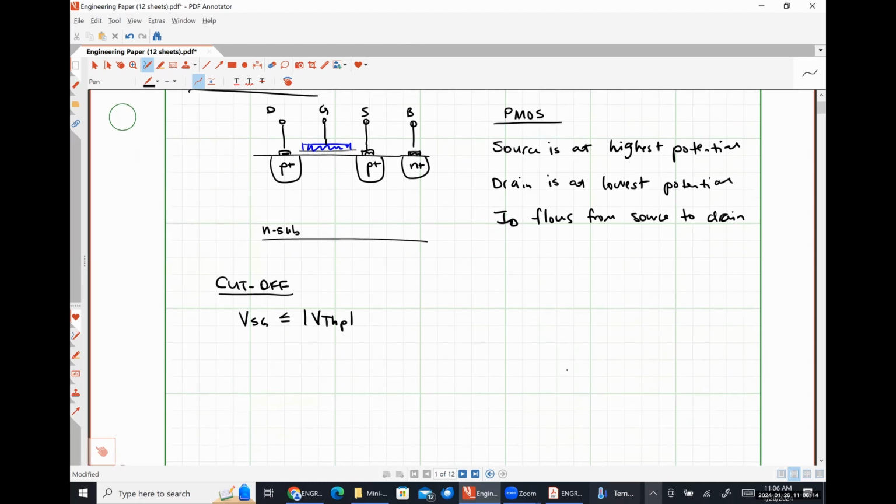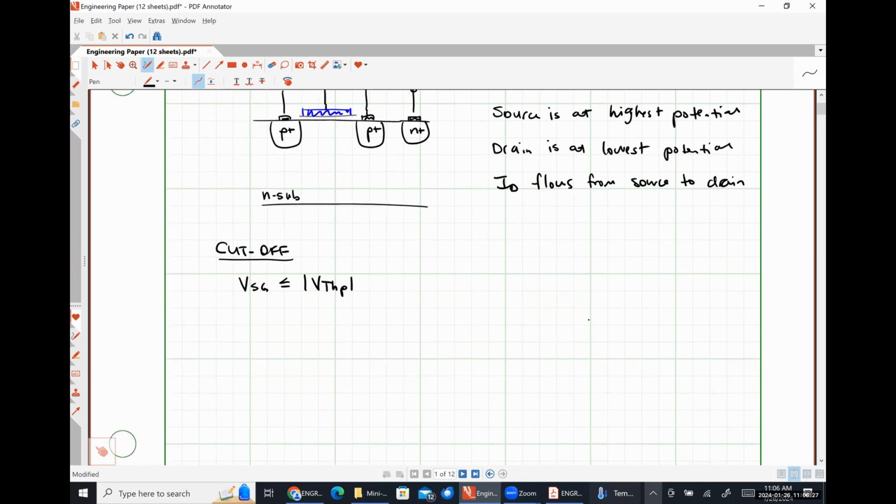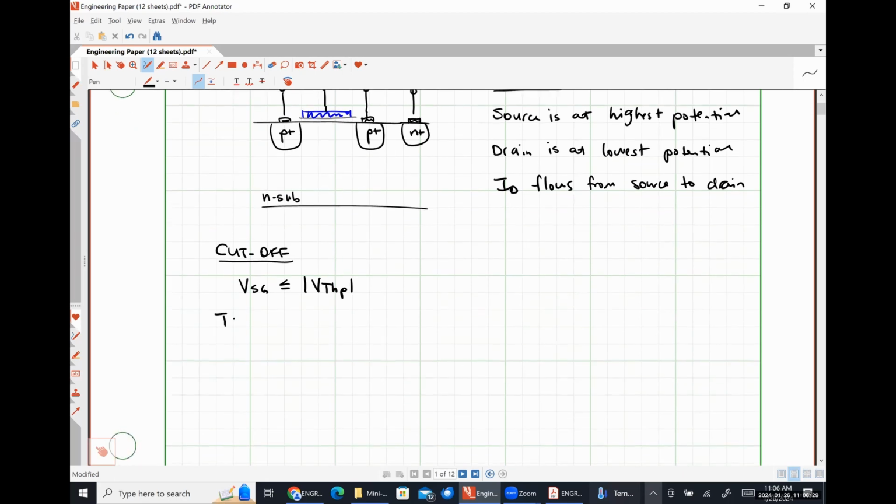Okay. So in cutoff, our source gate voltage is less than our threshold voltage, meaning that we have not hit strong inversion, and we're going to say that current can't flow through the device, right? For our triode region of operation, we need our source gate voltage to be greater than or equal to our threshold voltage.